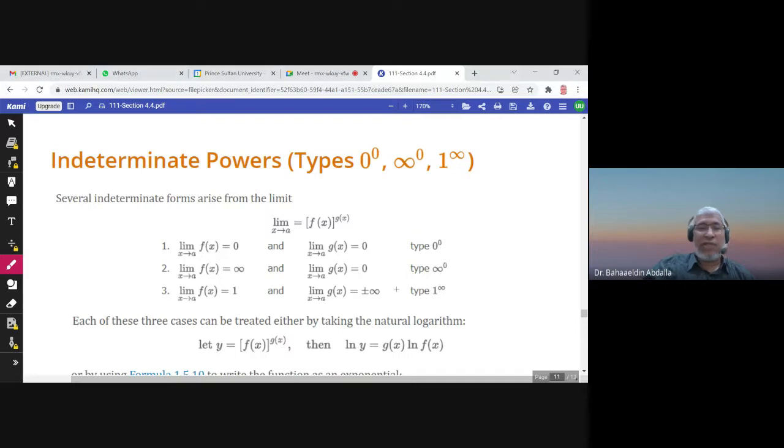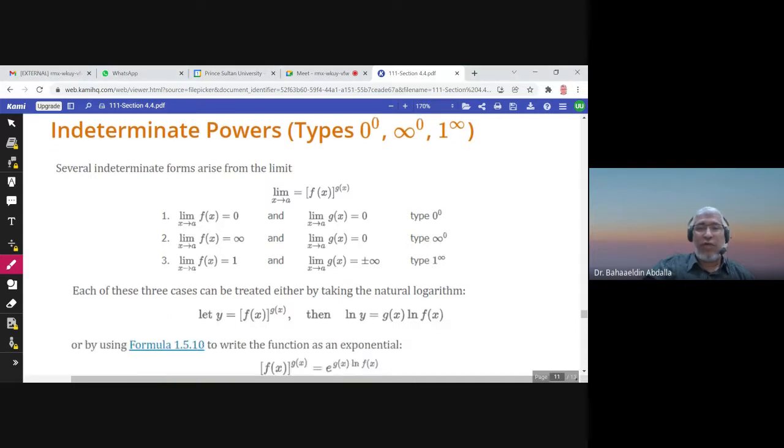We are still in section 4.4, and this is the last type of indeterminate forms, indeterminate powers: 0 to the power 0, infinity to the power 0, 1 to the power infinity. Here we will have f of x raised to a function, so function to a function.